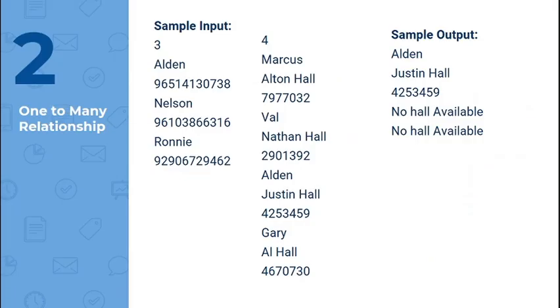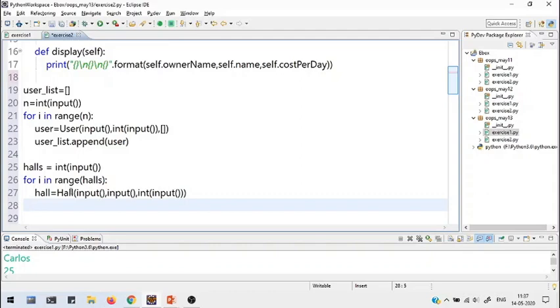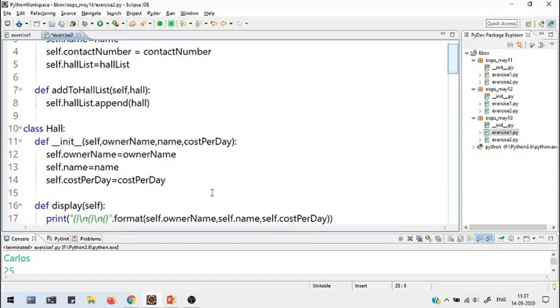Now we have to add this hall to the hall list of the owner. Okay, look at the sample input. You have Alden, who is the user, and in the hall details you can also find Alden, and it provides the n number of halls that are available, and if there is no hall available, you have to print no hall available. So let us check whether a hall is available for a user.